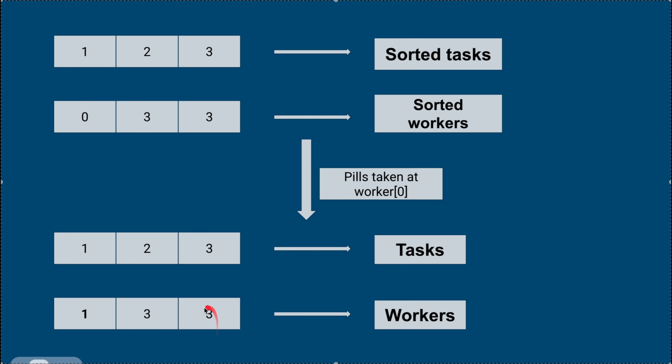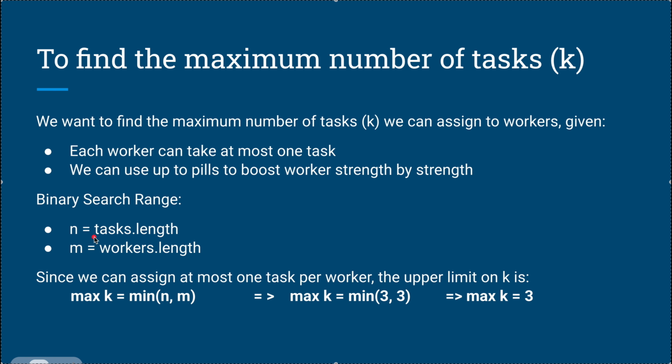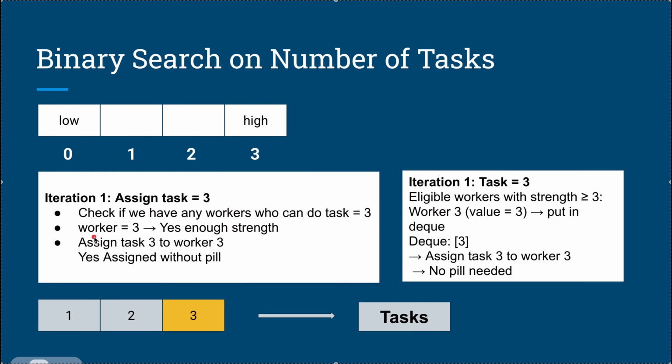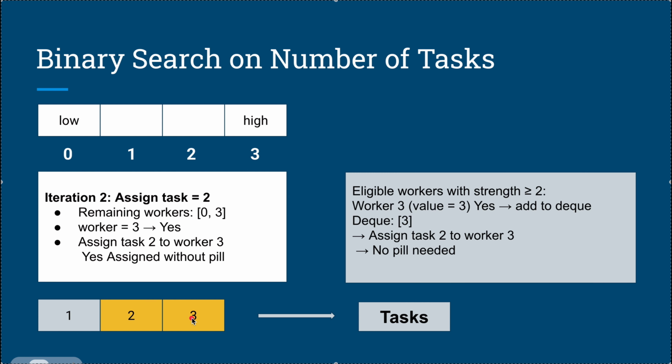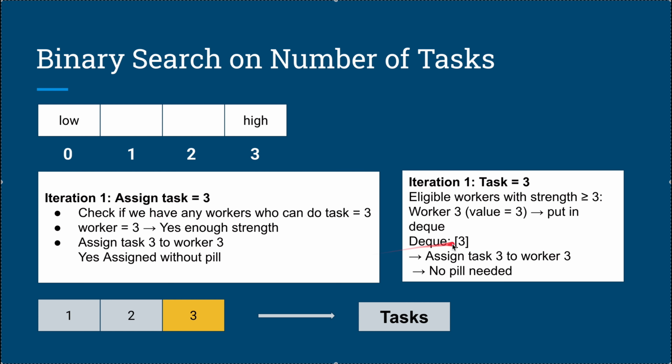Similarly, we go with the next task, 2, and then for task 1, the worker has 0, so we can take 1 pill, and he can finish this work. So iteration 1 says that task 3 we will take, and he can finish it without taking a pill.